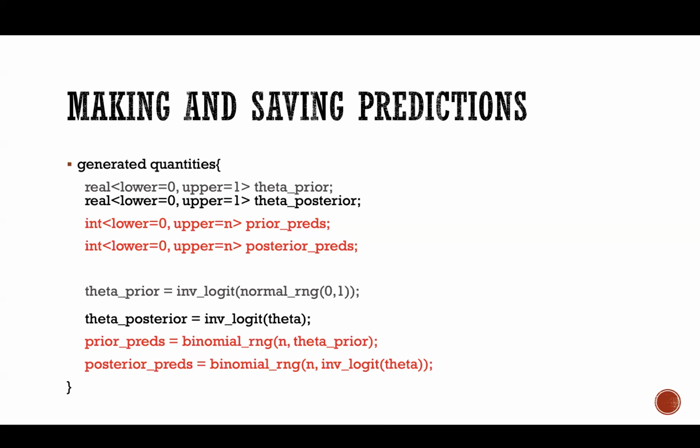Since we need to save, let's say, 4,000 posterior predictions, using the binomial and a trial of n, we get 4,000 values. If we ran these at the Bernoulli level, we would have the number of trials times 4,000 0s and 1s, which we could summarize at a later stage.